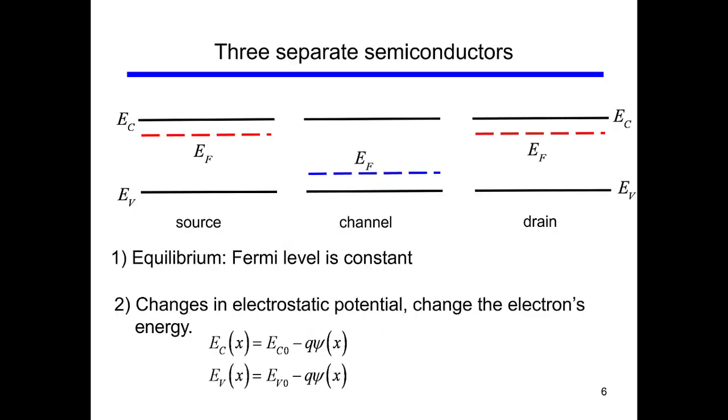So what will happen when we join them together? These are the three separate regions again shown in this slide, and in equilibrium the Fermi level is constant, so it stays where it is. In the n-type material it will stay where it is, in the p-type material it will stay where it is.